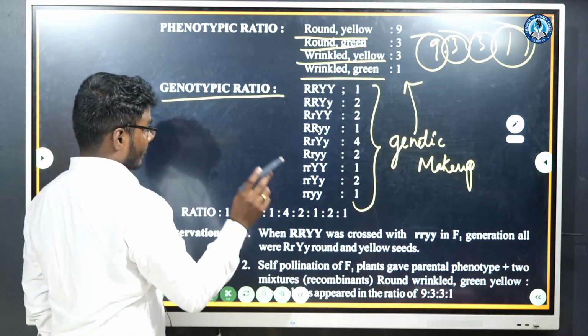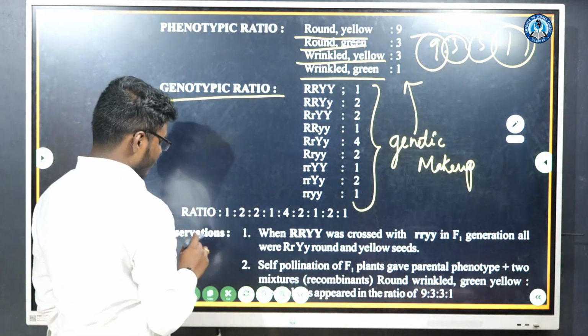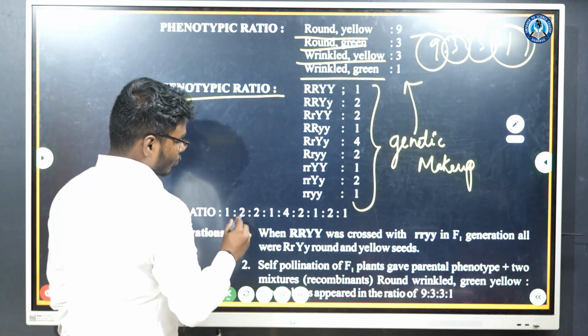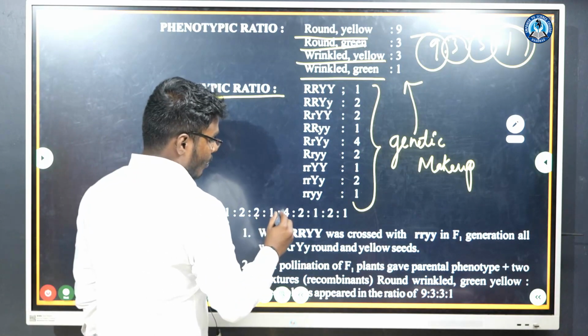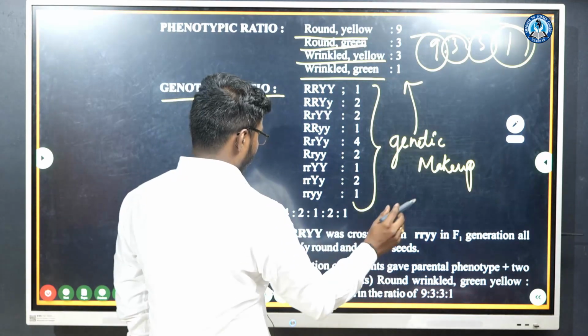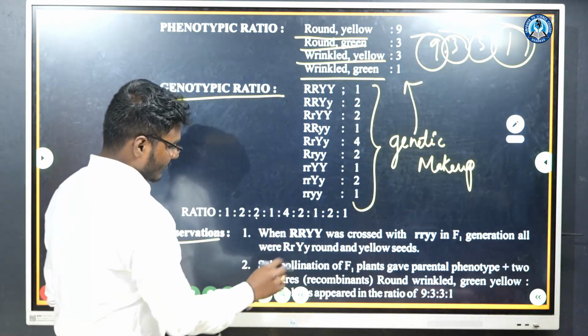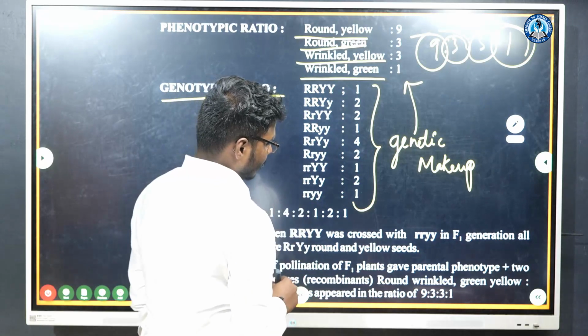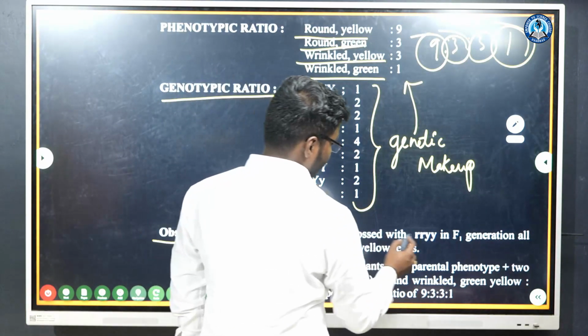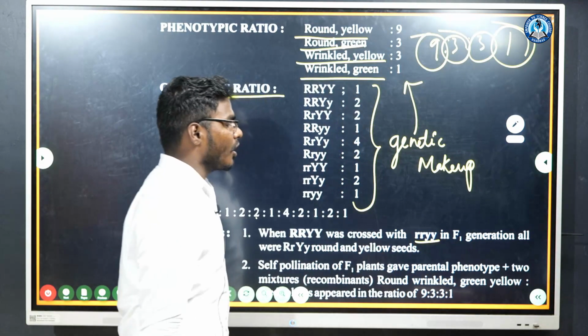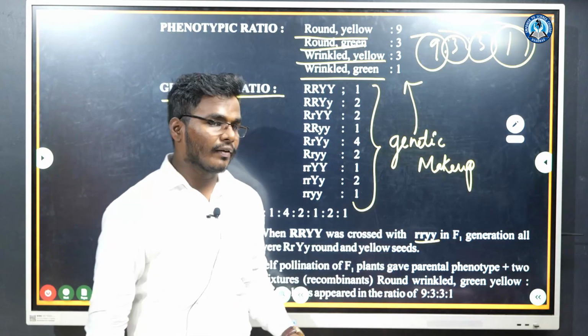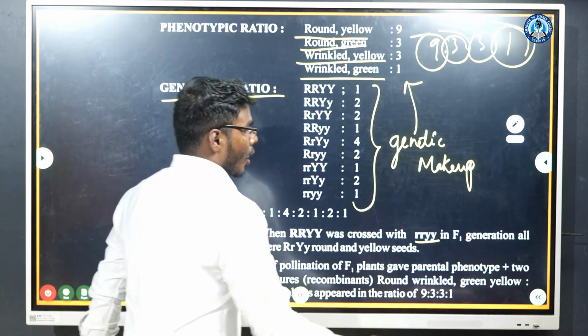Got it? So the genotypic ratio is 1:2:2:1:4:2:1:2:1.